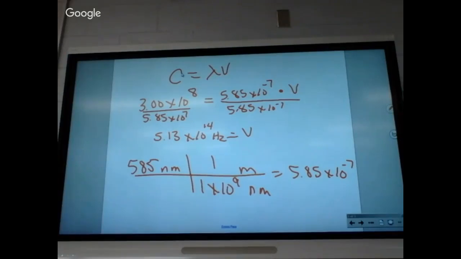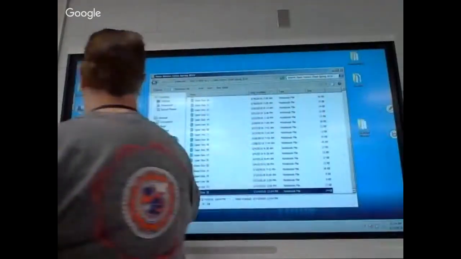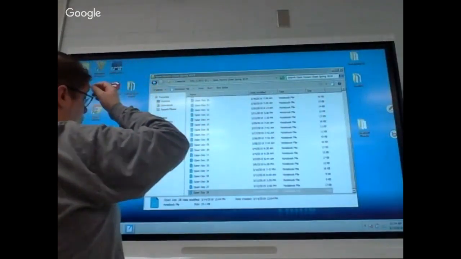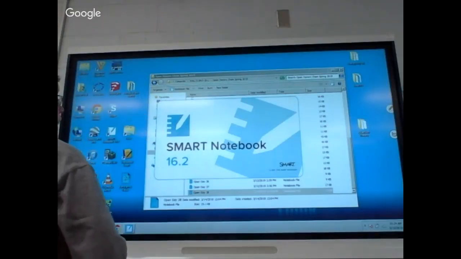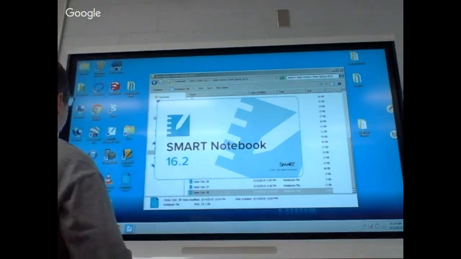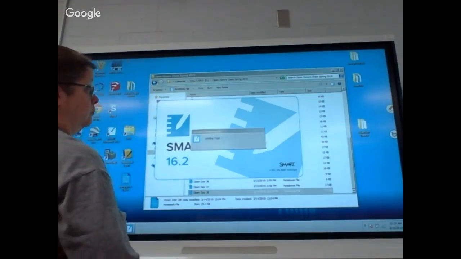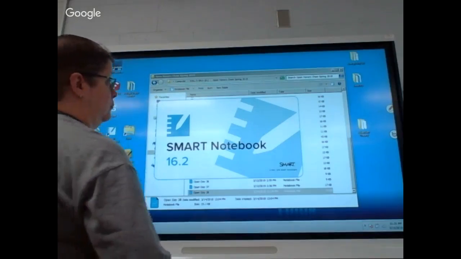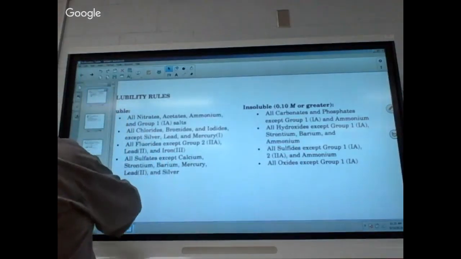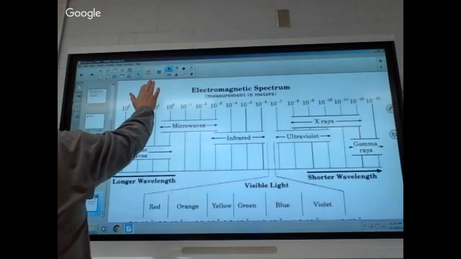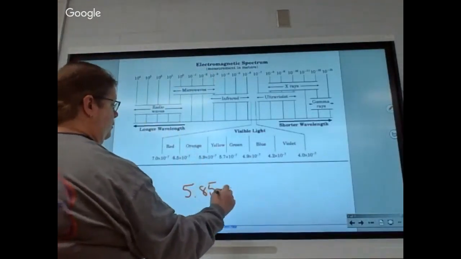When you look at the numbers, your 5.85, this is a number line.